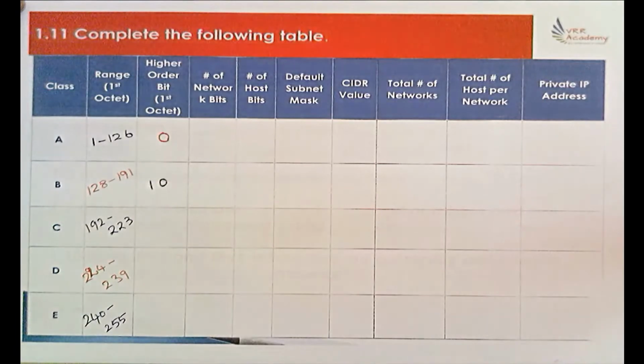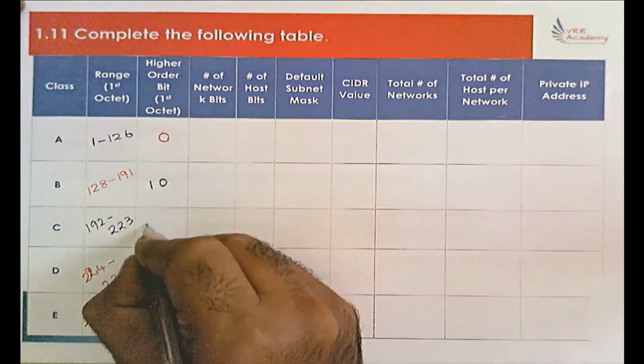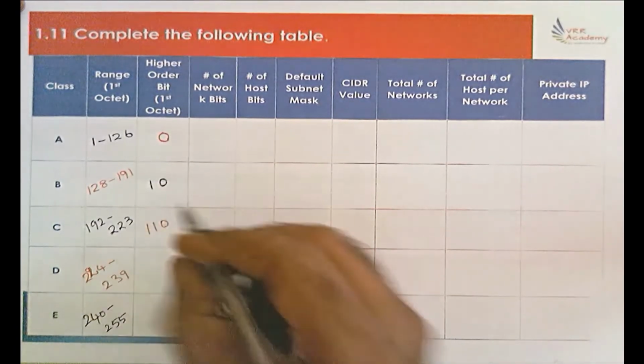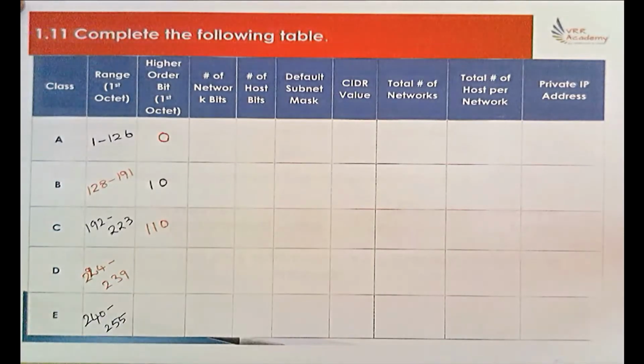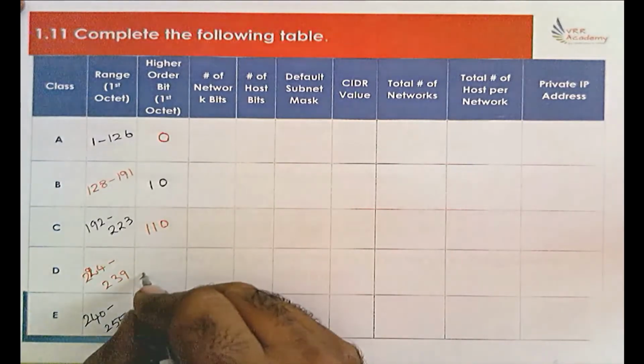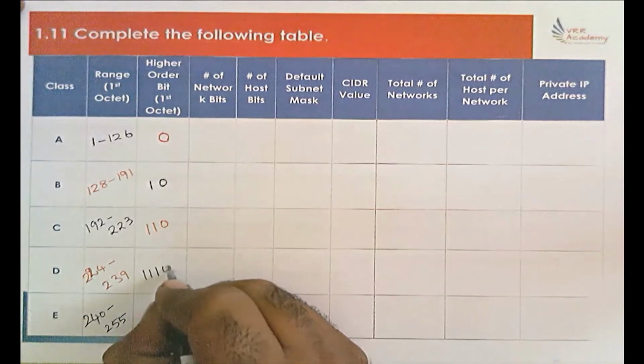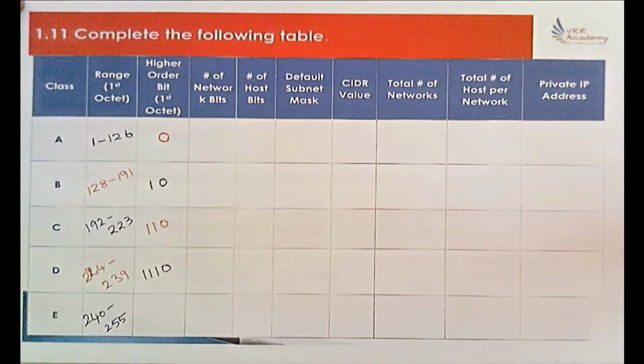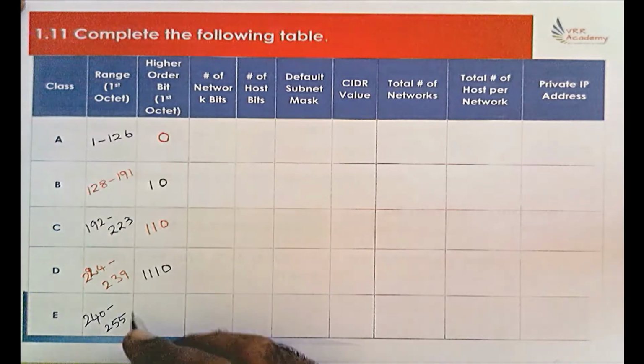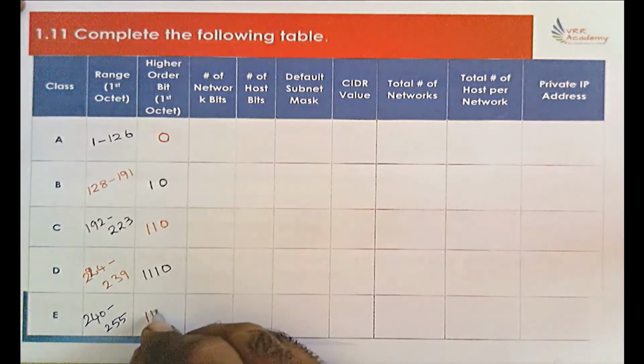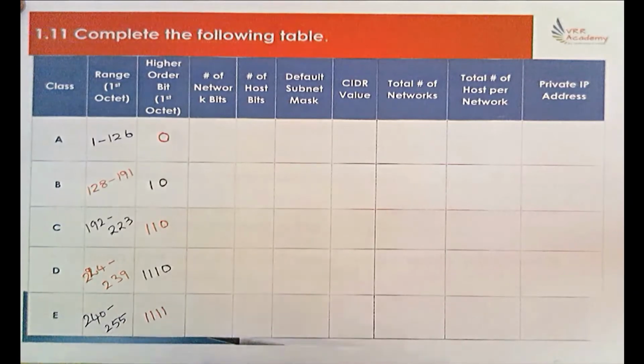For a class C IP address, the higher order bits are 110. For class D IP address, it is 1110. Then for a class E IP address, the higher order bits in the first octet will always be set to 1111. So this is the higher order bit.